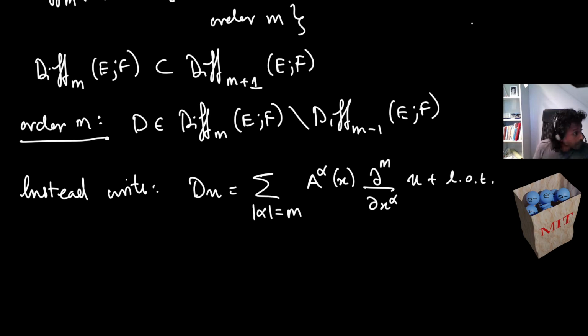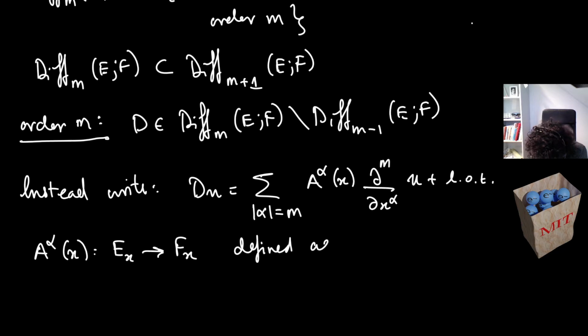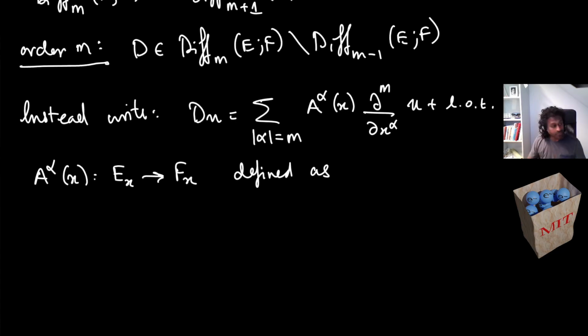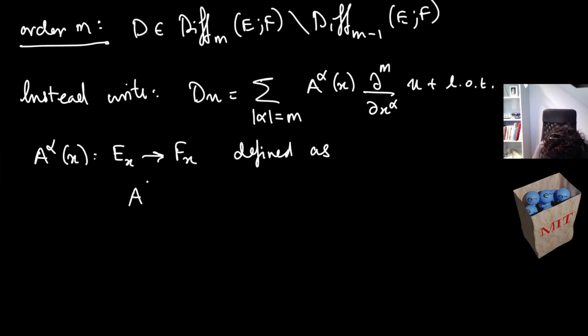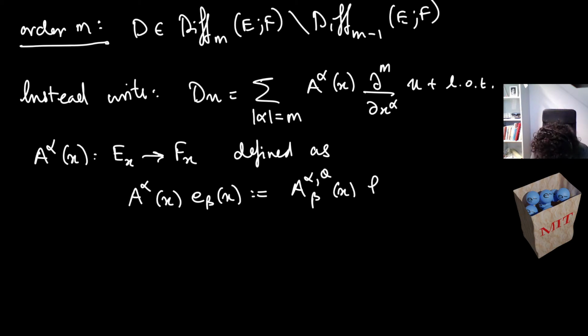So here I want to write, so that the A alpha at x is a fiberwise map defined as, so I mean this is really nothing, this is just unraveling this expression that's written in coordinates. So this is just A alpha of x applied to e beta at x is equal to A alpha theta beta at x times f theta at x.